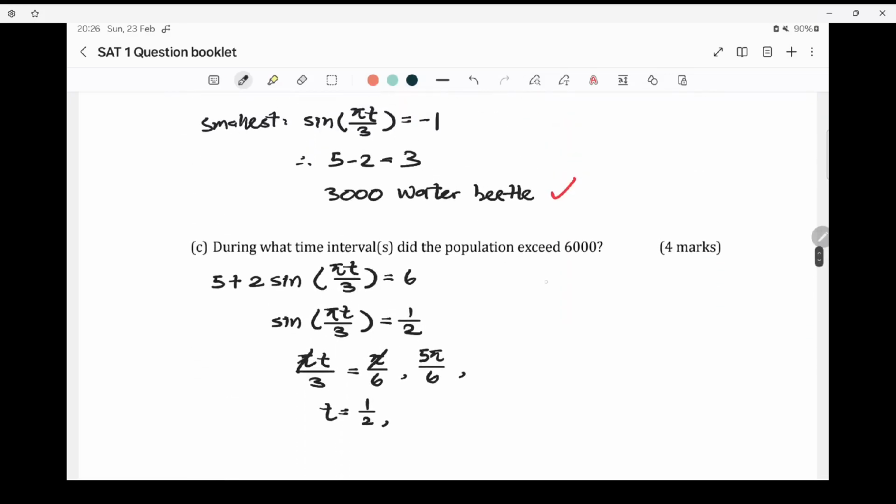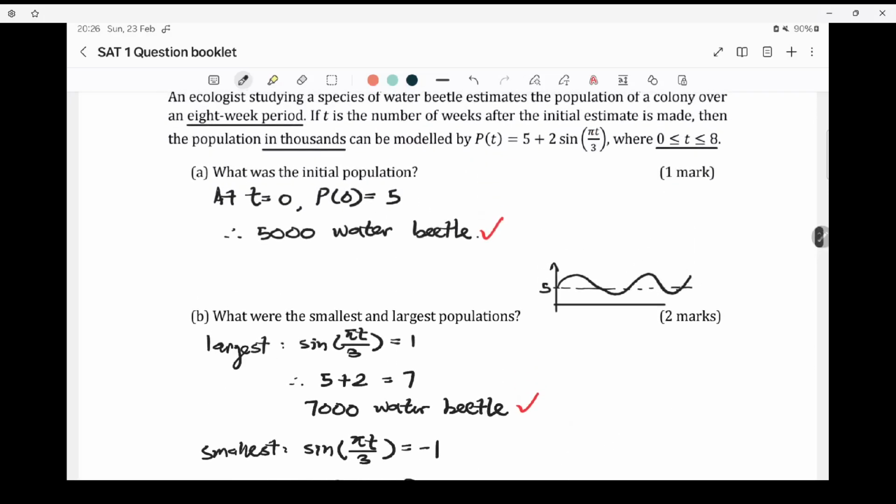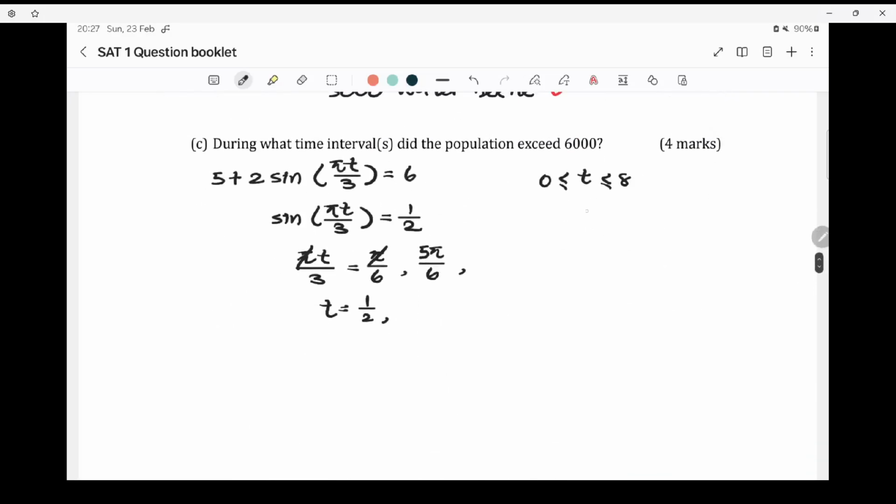And so this is the domain that you need to study. So you multiply by pi divided by 3. So 8 pi divided by 3. That will be around 2.667 pi. So you need to look at all the possible values until 2.667 pi.